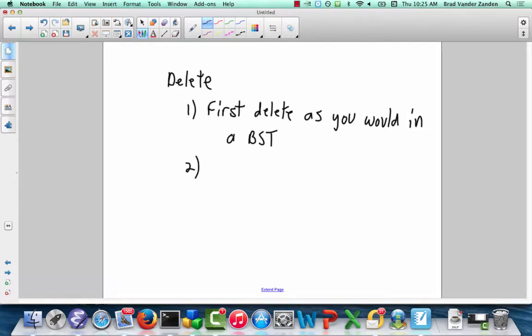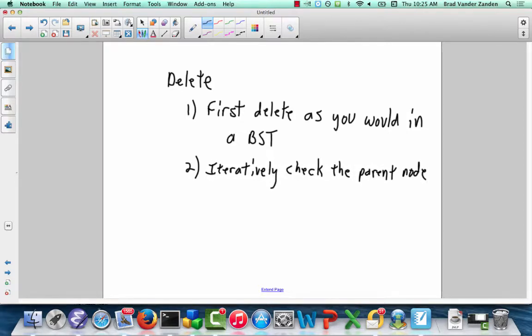Second, you iteratively check the parent node.